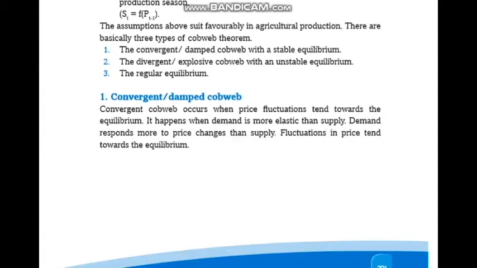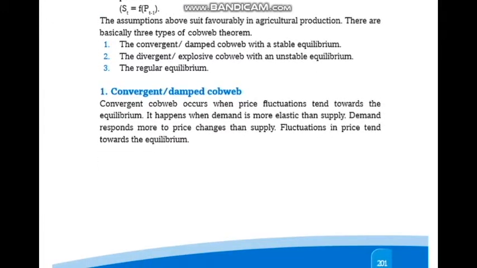The assumptions above suit agricultural production. There are basically 3 types of Cobweb: the convergent or damped Cobweb with a stable equilibrium, the divergent explosive Cobweb with unstable equilibrium, and the regular Cobweb.